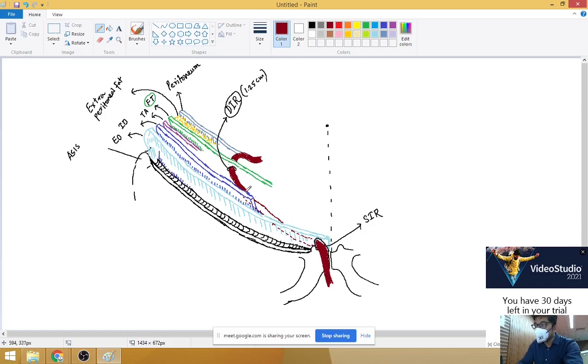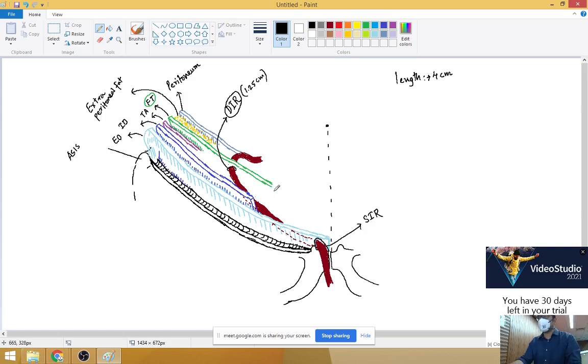Okay, from there it will pass like this, then it has come down again, and it will exit from the superficial inguinal ring. So see, it lies in the medial half. What is the length? The length of the inguinal canal is about 4 centimeter.